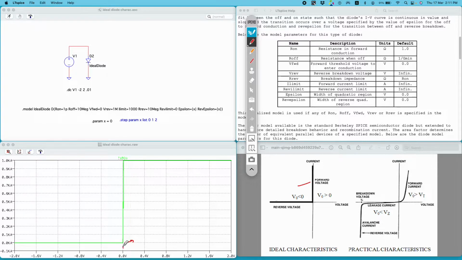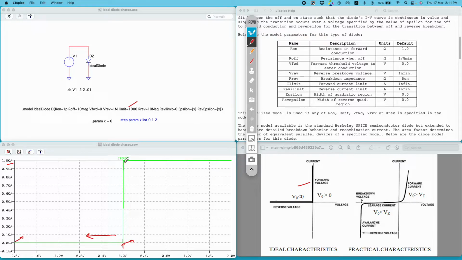At 0 volt, it turns on instantaneously and it hits the limit of 1 kilo amp, which I have set in my syntax. In the reverse direction, that is when the voltage is below 0 volt, I have current 0.